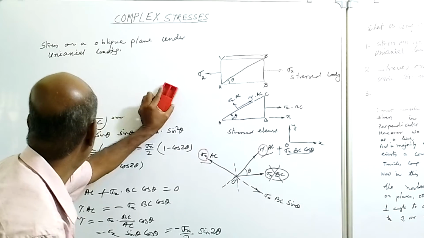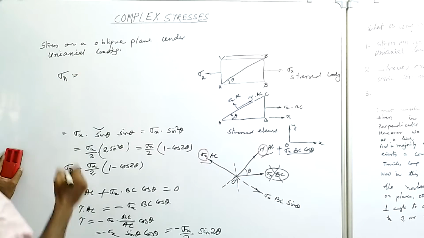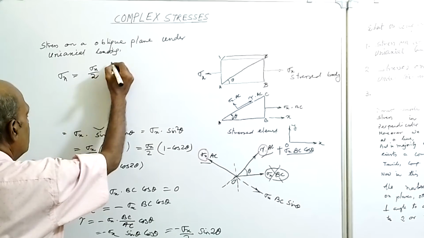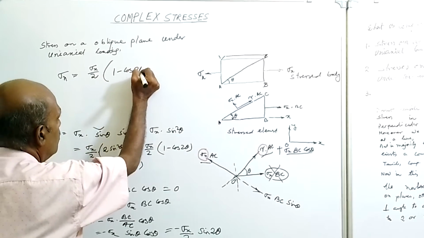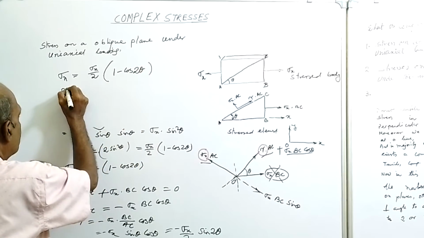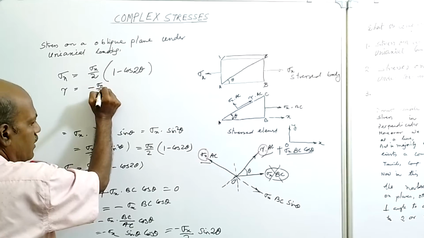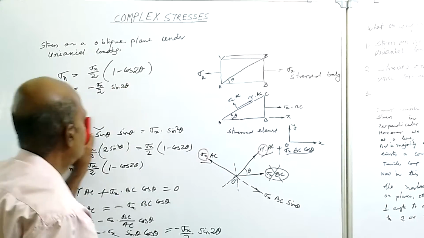Sigma n is sigma x by 2 into (1 minus cos 2 theta), and tau is equal to minus sigma x by 2 sin 2 theta.